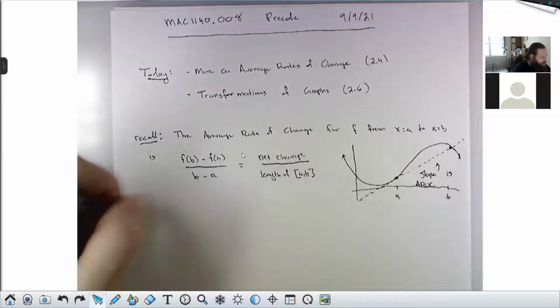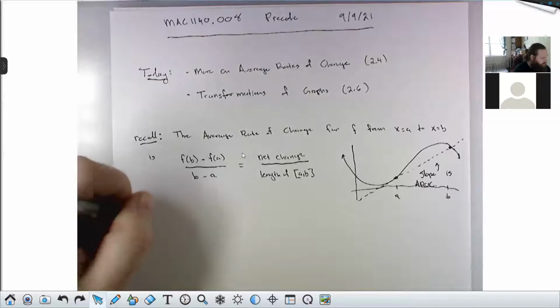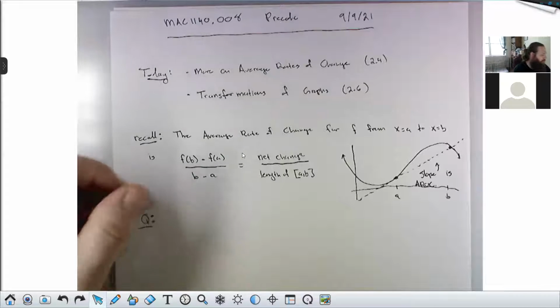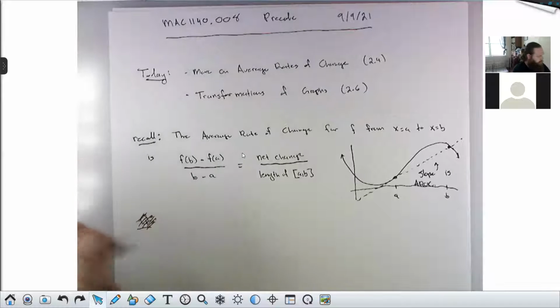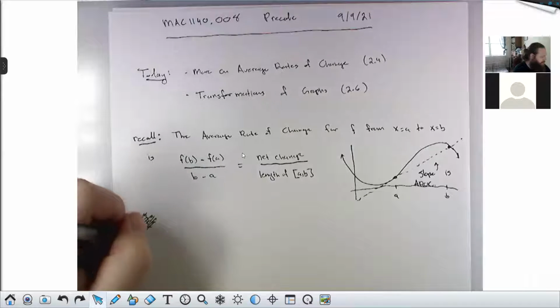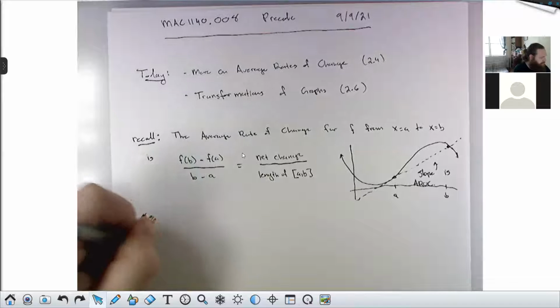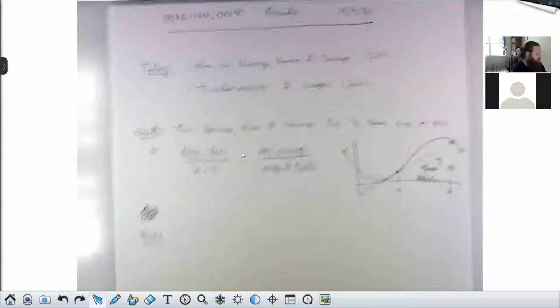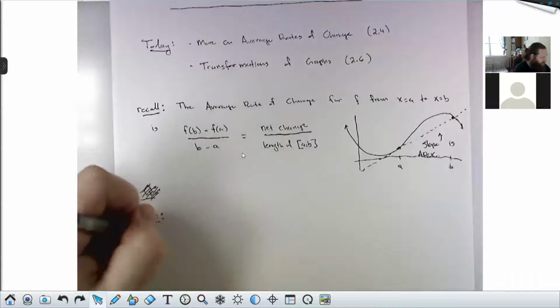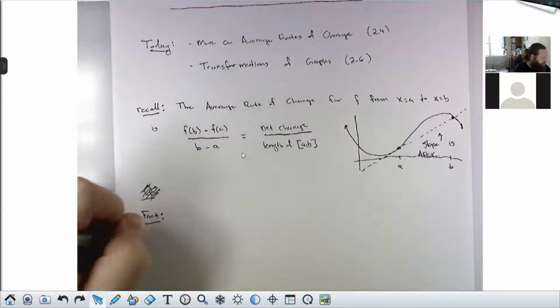The question I want to wrap up this section with is, actually, before I ask the question, let me give you what we'll call a fact. It's like a theorem, but not quite as useful, just a fact. Really it's a fact in two parts.